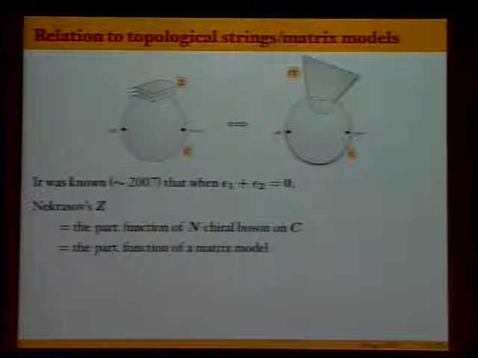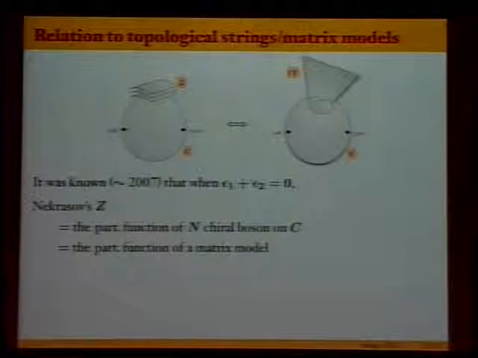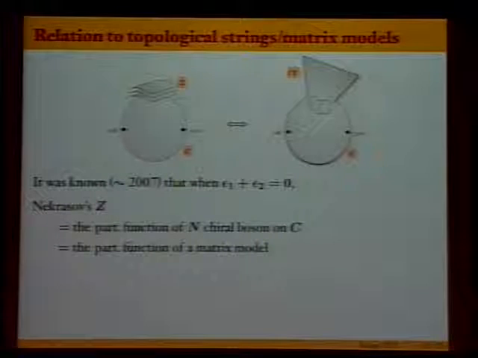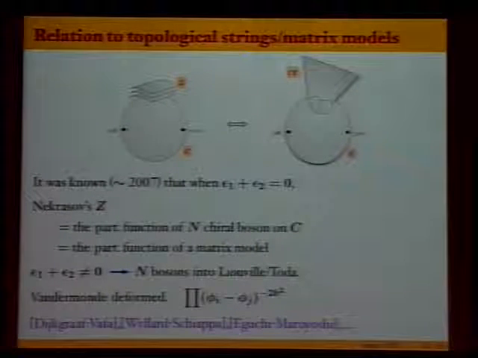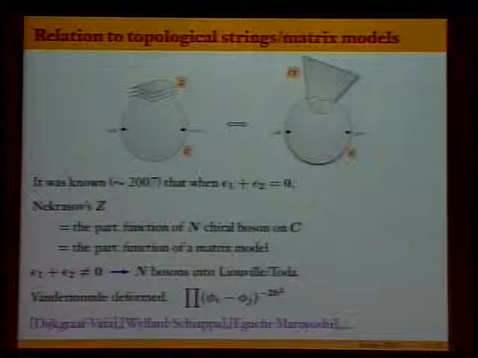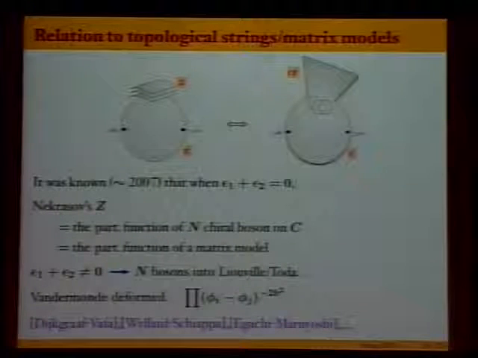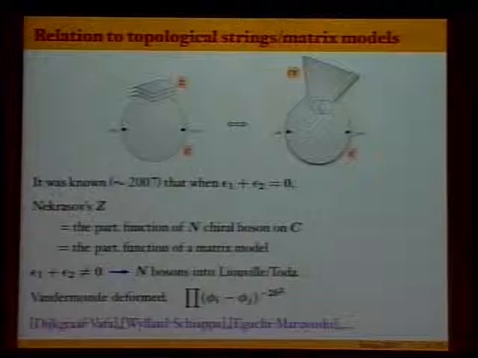So in a sense, what we did is just to introduce another deformation parameter, epsilon1 plus epsilon2. I think everyone could have guessed that the natural deformation of N chiral bosons should be Toda theory. So we just made that generalization. And in that case, later Dijkgraaf and Vafa said that the matrix model side becomes modified by changing the exponent of the Vandermonde determinant.